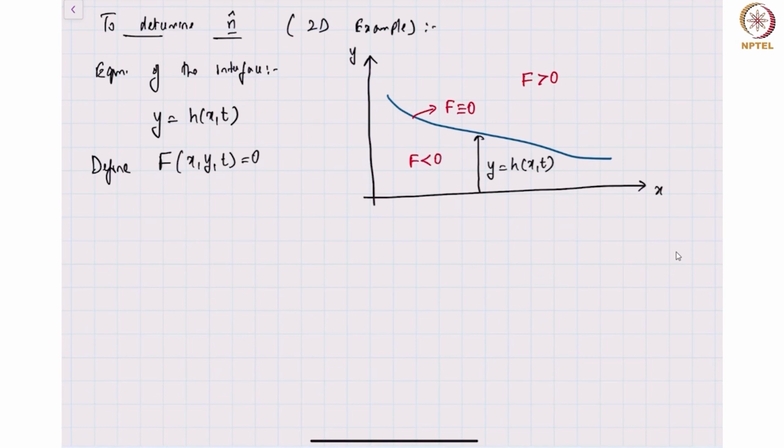So below the interface I call it minus, and above the interface I call it plus, and my goal is to determine this normal vector n. And maybe I could extend my goal and say I want to determine the tangent vector too. So this is my goal.